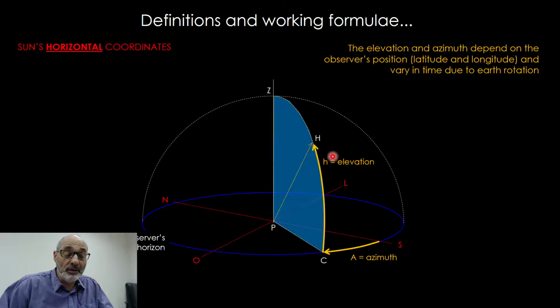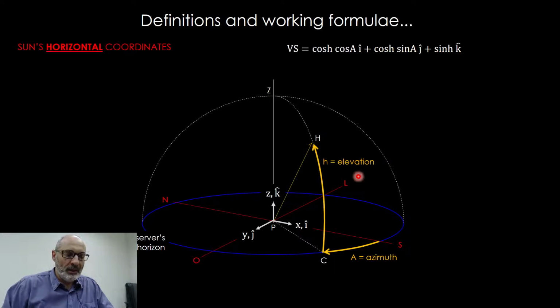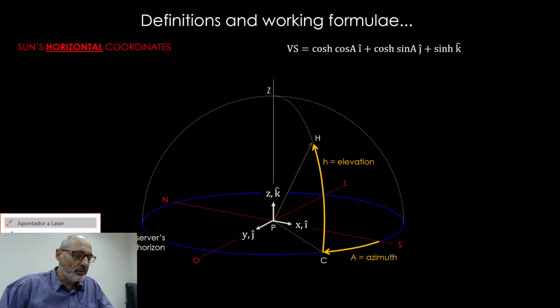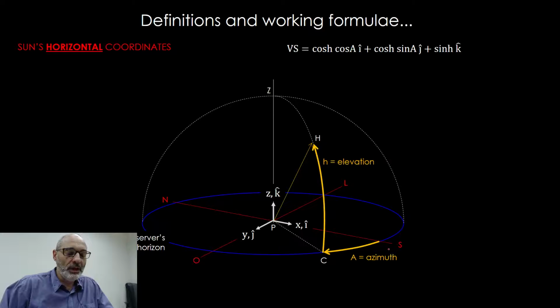The problem is that in a given position on the globe, it's much simpler to work with azimuth and elevation, but for all other variables, it's easier to assess them in terms of equatorial coordinates. So that's it. This is one definition that I'm going to deduce for you: how to calculate the solar vector in terms of azimuth and elevation. This is interesting.